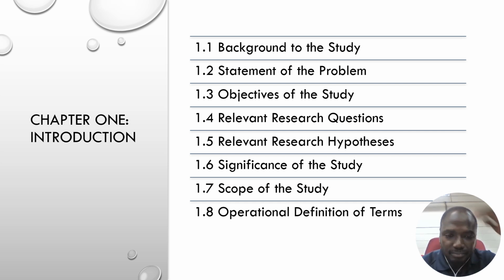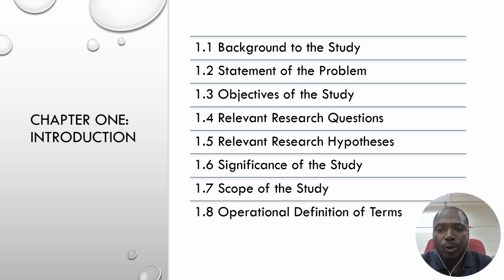Then the research objective should be what? Smart. Your research objective should be smart. Smart means they have to be specific, measurable, achievable, realistic, and then time bound. So in the objective, for example, you want to find out what are the causes of something, you have to tell us where specifically.